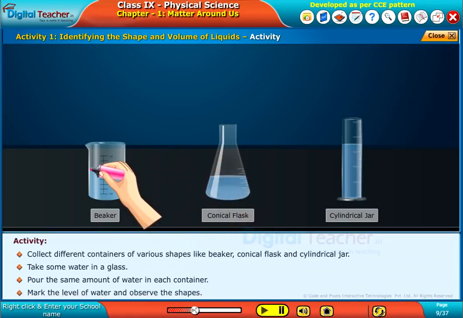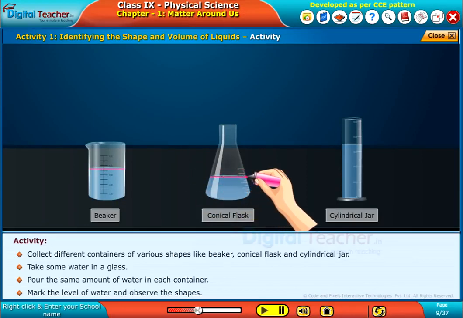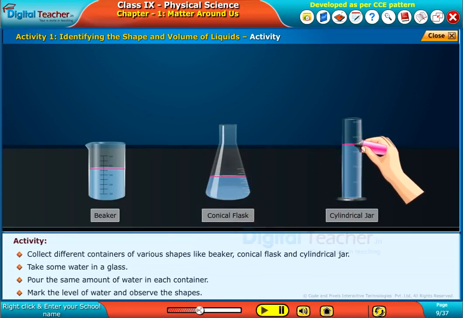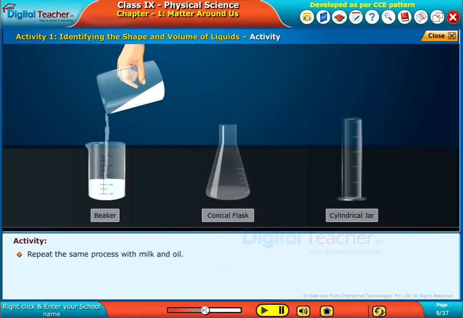Mark the level of water and observe the shapes. Repeat the same process with milk and oil.